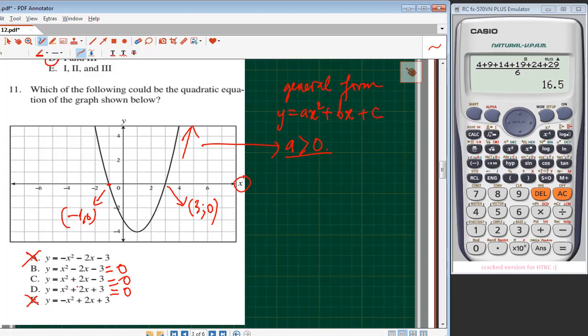We easily see that the final result is option B. The solutions are x equals -1, x equals 3. They are suitable to the x coordinates of these 2 points, -1 and 3. Eliminate C and D.